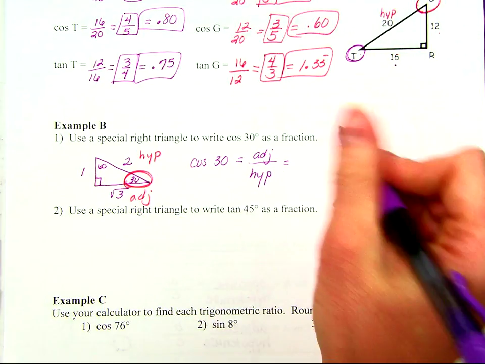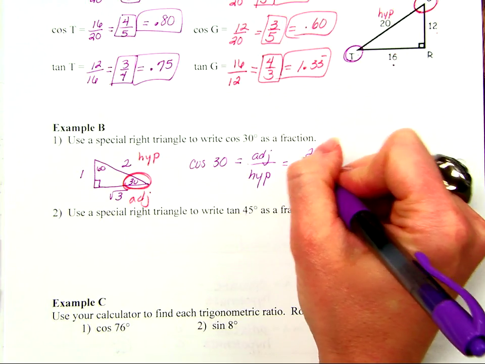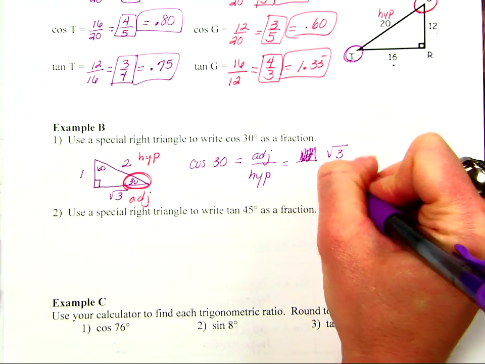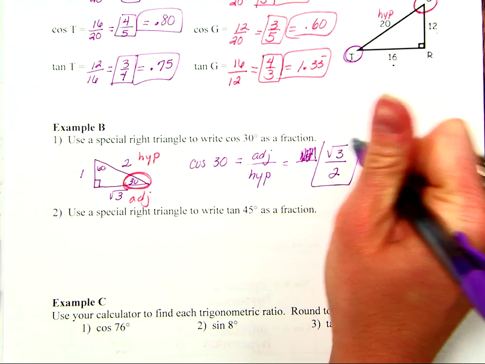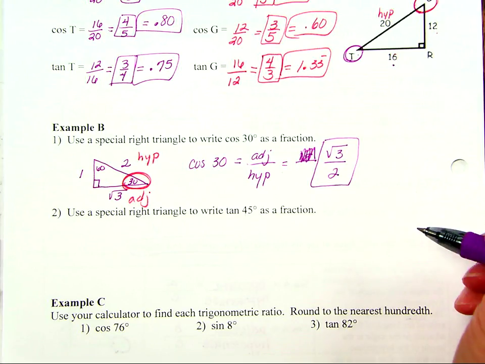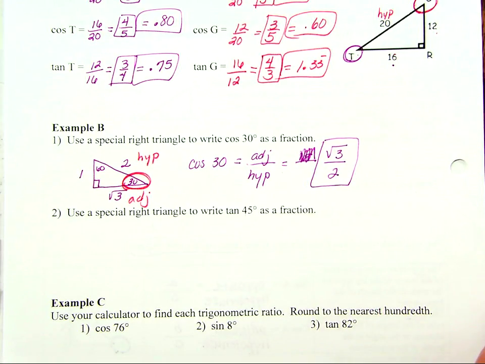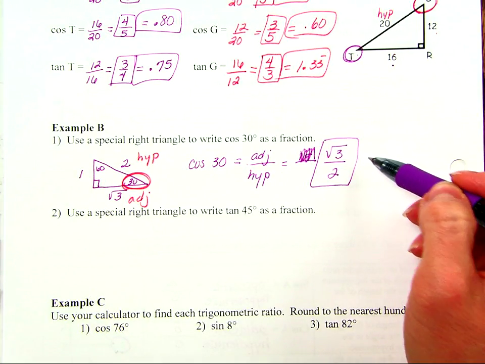And so as I look to write my fraction, adjacent over hypotenuse, root 3 over 2. And so as my cosine of 30 degrees, that ratio is root 3 over 2 as a fraction. Now, if it asks me to find that as a decimal, I just go ahead and put that in my calculator. And also, sometimes we do end up having to rationalize our denominator. I know that if I would have a radical on the bottom, I would have to do some simplification there.